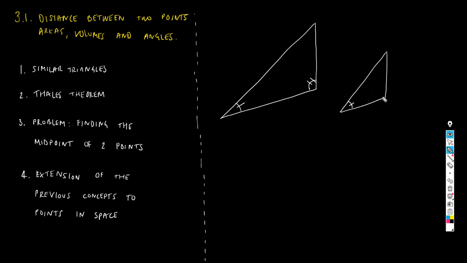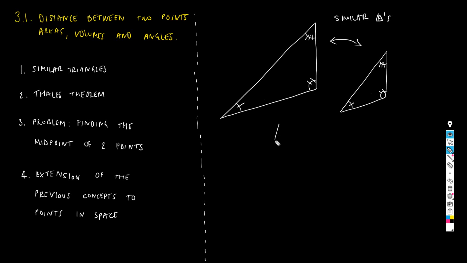This angle and this angle are the same, and I'm labeling them as angle 2. And this angle and this angle are the same, angle 3. Then what I can say is that these 2 triangles are similar triangles. Okay, that's the basic idea, guys.